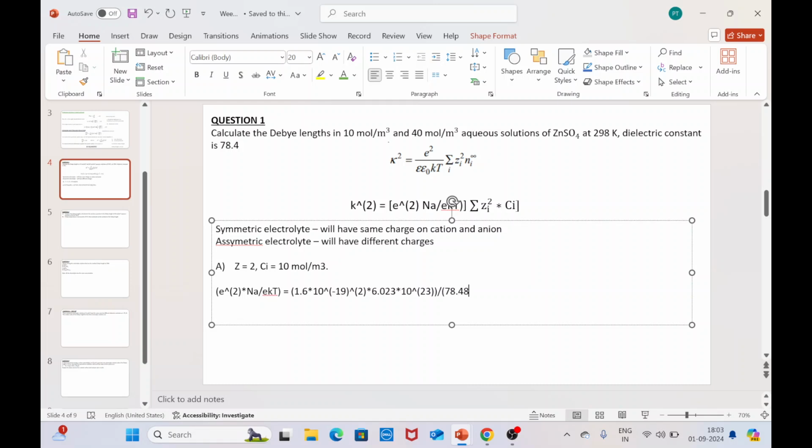Again, as I say, please solve it with me so that it will be easy for you. k, that is your Boltzmann's constant, 1.38 times 10 to the power minus 23, times your temperature. Temperature is given here as 298 Kelvin.